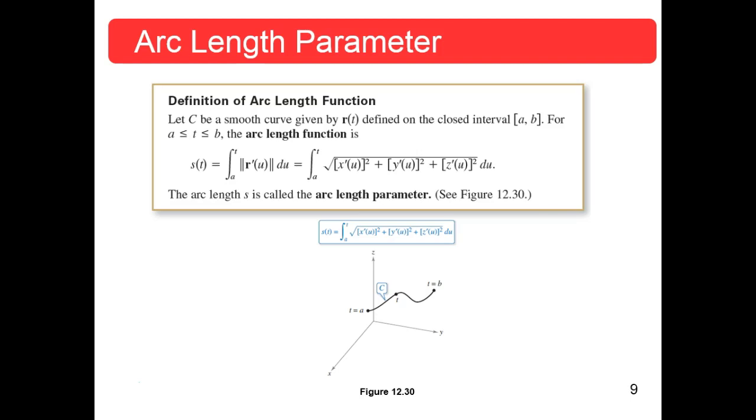At any point t here, your s of t is how long your arc is along that path. That's your arc length parameter.